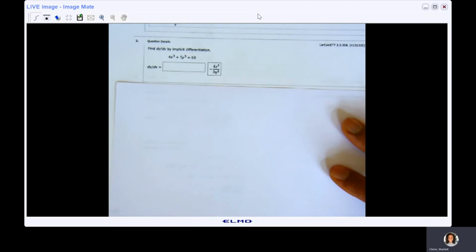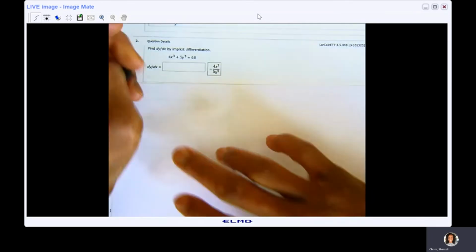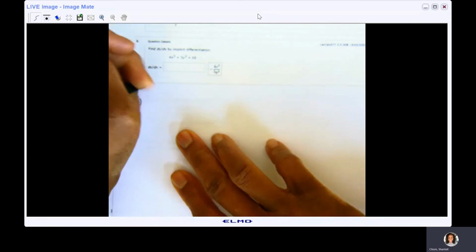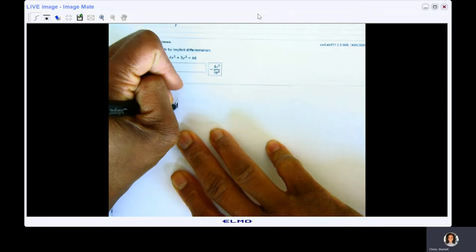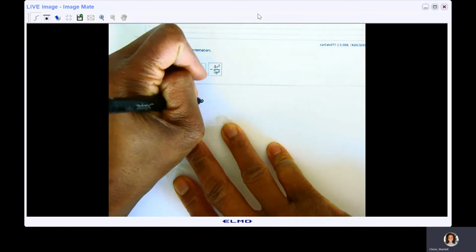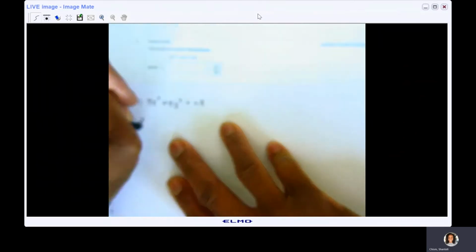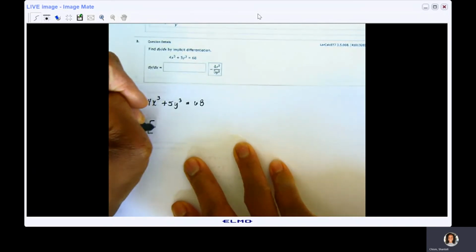Number 2. We've got 4x cubed plus 5y cubed equals 68. And we want to take the derivative of the entire equation with respect to x.